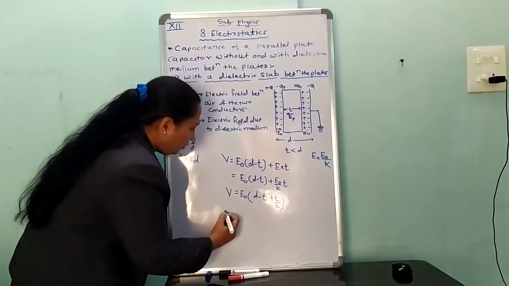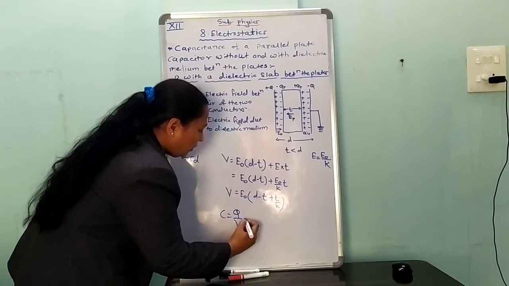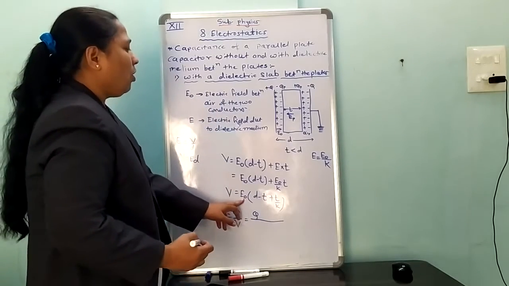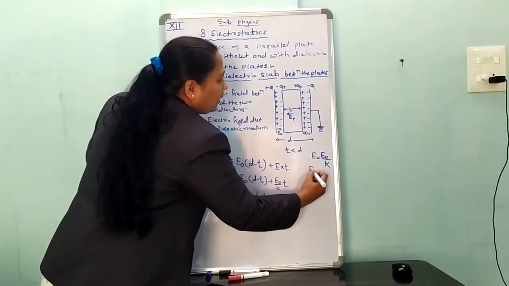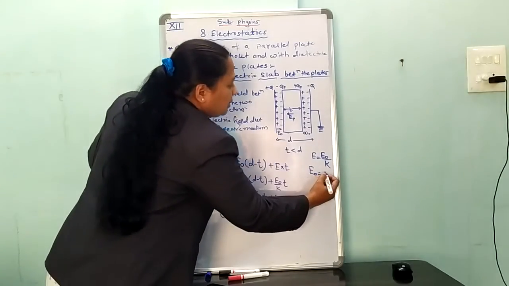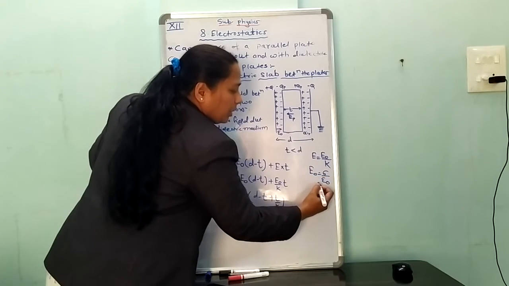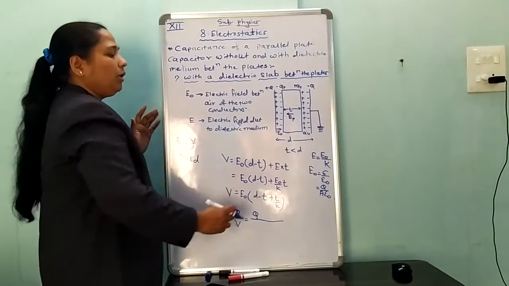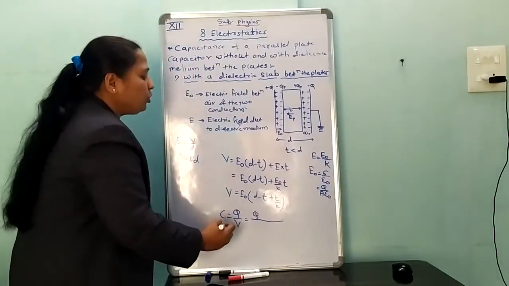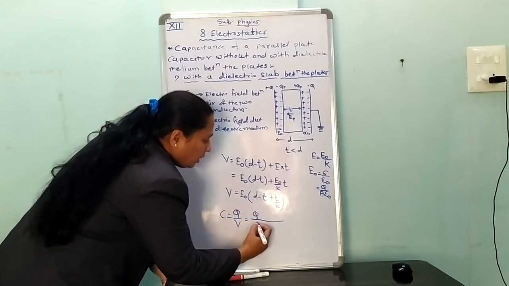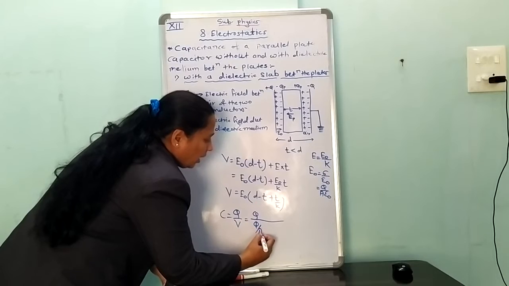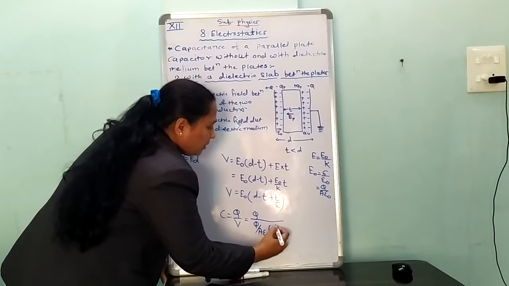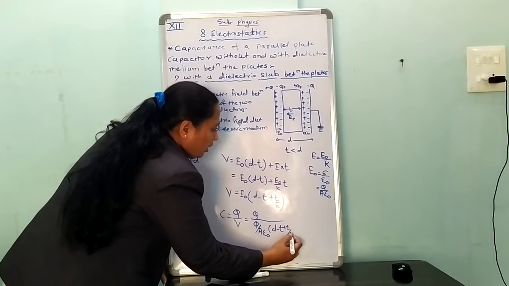C is equal to Q upon V. E naught is sigma upon epsilon 0, and sigma is Q upon A, so E naught is equal to Q upon A epsilon 0. Therefore V is Q upon A epsilon naught into D minus T plus T upon K.